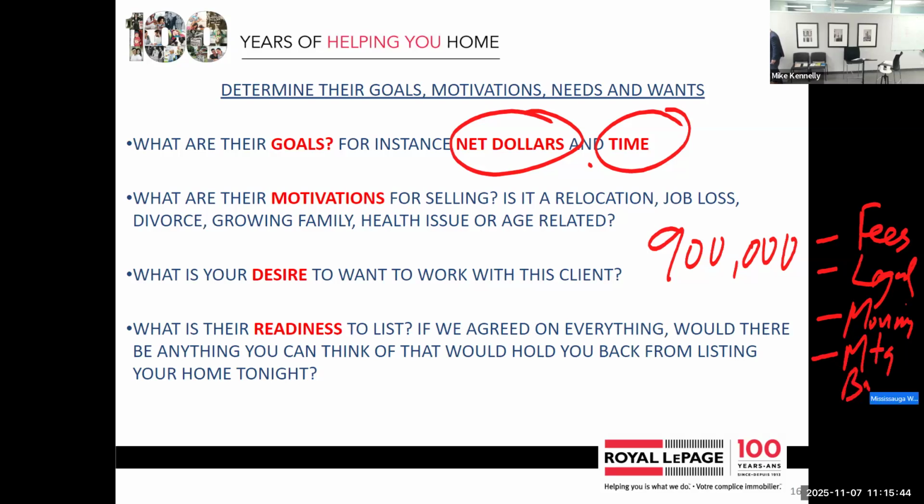These are just some of the top level ones that we have. If we owe $200,000 still on the mortgage, well, it's $700,000 just net. But hang on a second, I got some realtor fees, 5%. So that's 45,000, right? Legal fees, 3,000.